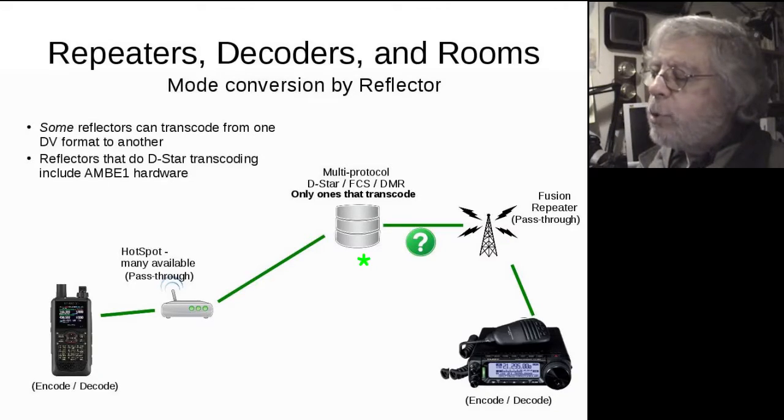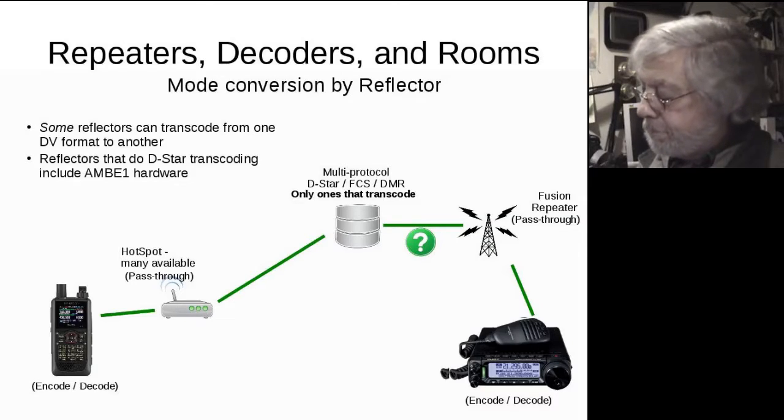So these rooms that can transcode are becoming more common. There's not that many of them, and the one that we're hooked to right now apparently does not have that chip in it. So to answer that question: nope, we can't do that right now.